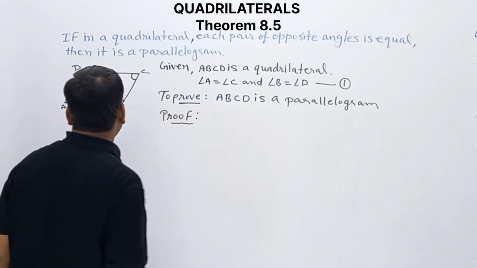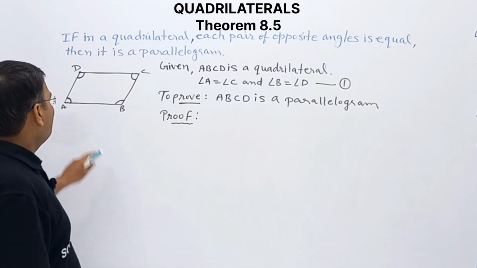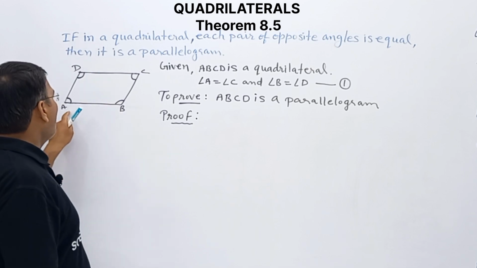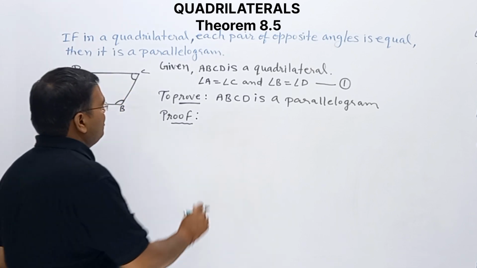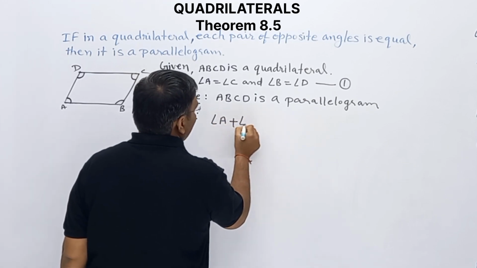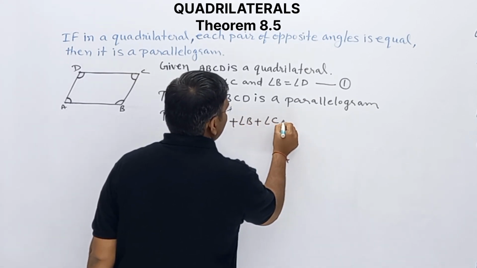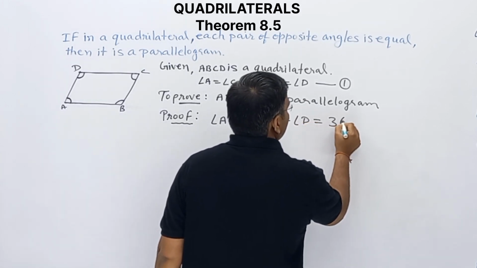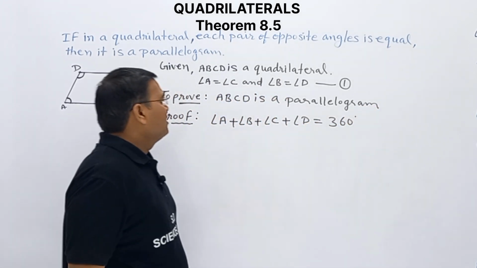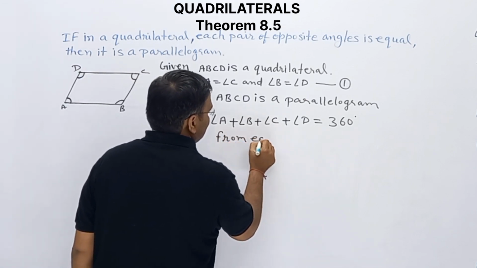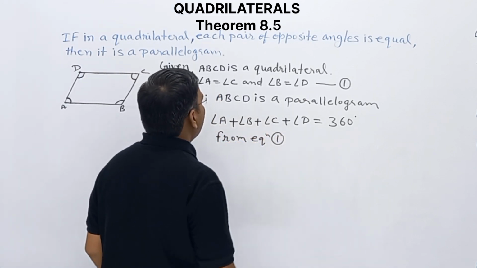So what about its proof? Observe. We know well, in a quadrilateral, the sum of all angles will be 360 degrees. So angle A plus angle B plus angle C plus angle D will be 360 degrees. Clear? From equation 1, what can we say?